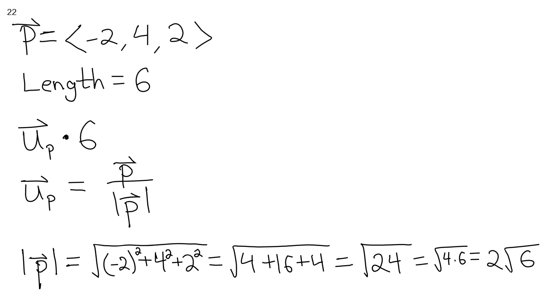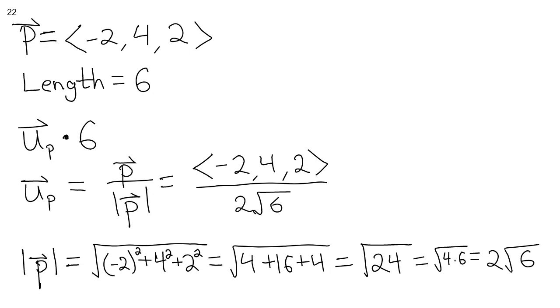Okay, if I continue here, P is -2, 4, 2. The length of P is 2 root 6. So if I'm going to divide, that's like multiplying by 1 over 2 root 6. I can just distribute that to all three components.